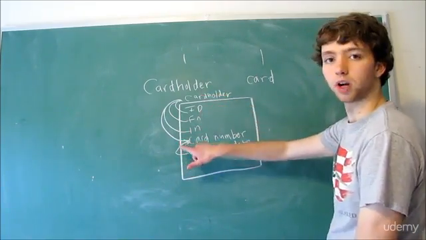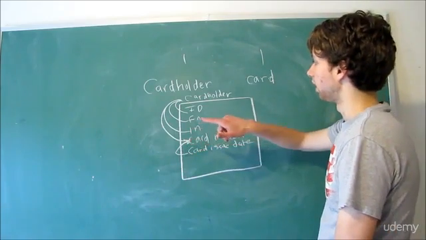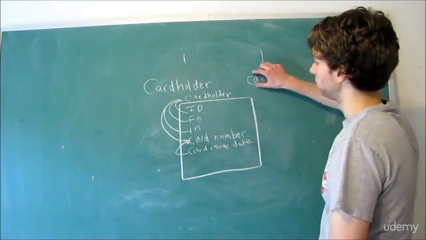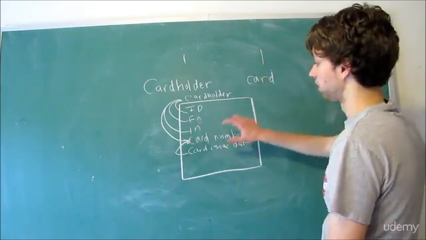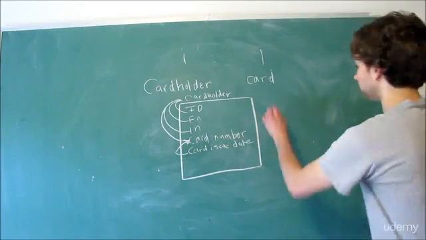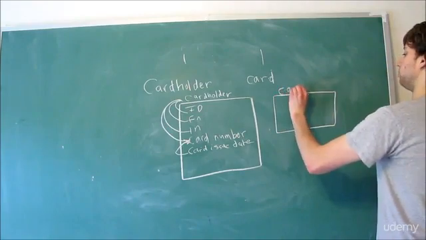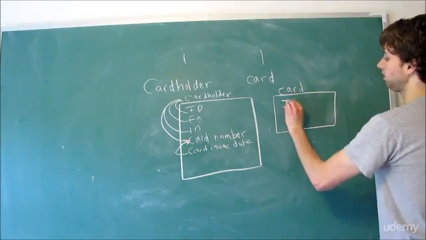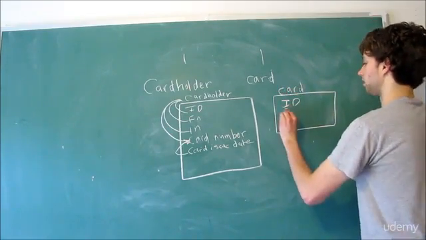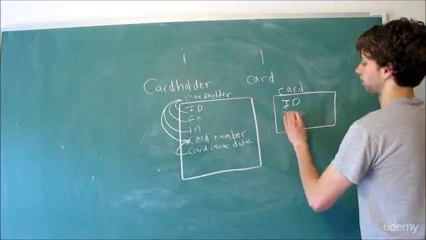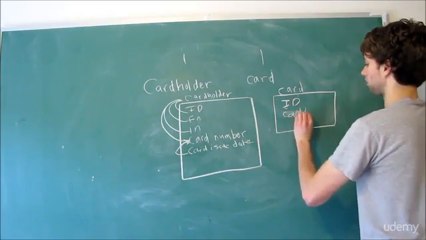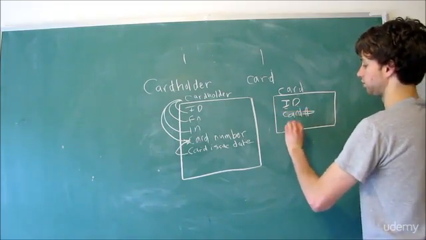So if we want to store extra attributes about the attribute in the one-to-one relationship, we can move that to a new table, and we can make it a card table, give it an ID, and then we could say card number, and then issue date.